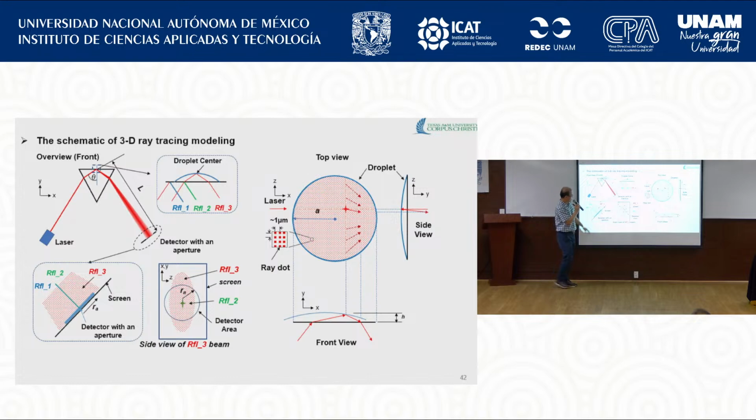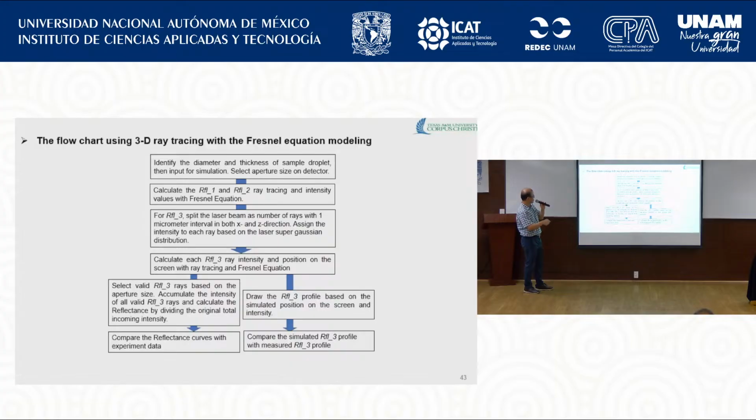By the way, if your aperture is small, then some part of the reflection or refraction from the glass and from the liquid and air would not be captured here. Okay, but this is the formulation for the 3D ray tracing modeling. Okay, this is the procedure flow chart.